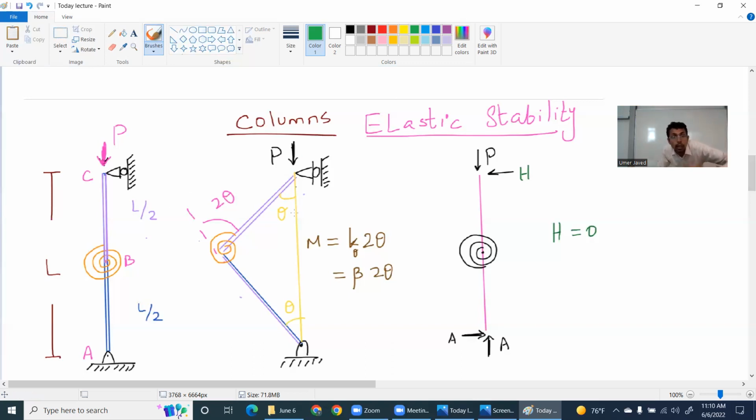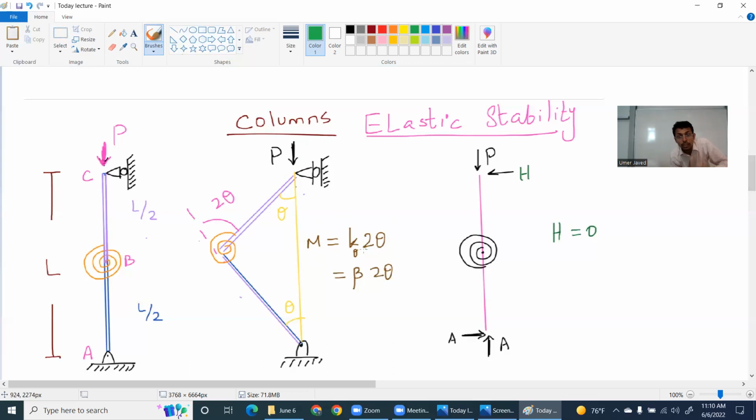Now I'm putting a load from the top. Please bear with me. What will happen? Even if I give a little load, you can see that there is a roller, the object goes down, and this bends, and this torsional spring is providing a counter moment.